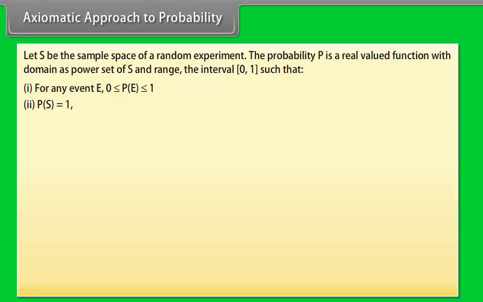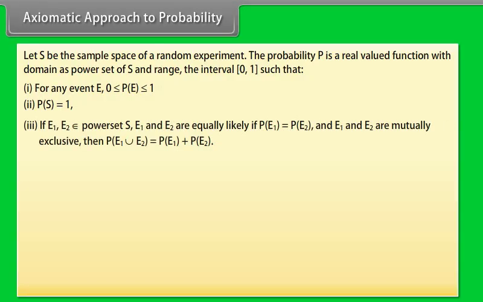And 3. If E1, E2 belong to the power set of S, and E1 and E2 are mutually exclusive, then P(E1 union E2) is equal to P(E1) plus P(E2), where P(E) is called the probability of event E.